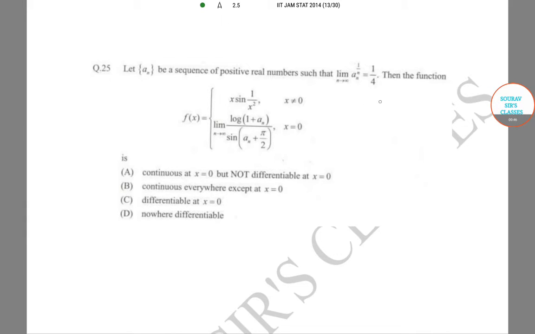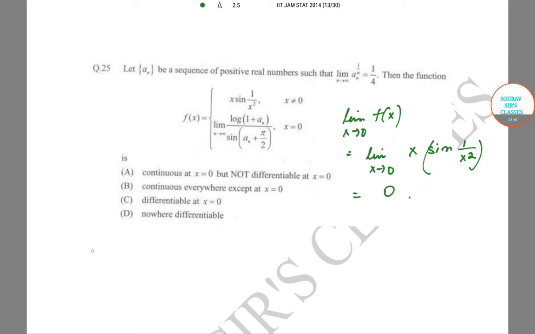Firstly, to check continuity, limit x goes to 0 f(x). So limit x goes to 0. What is f(x)? It is x sine 1 by x square. Now as x goes to 0, 1 by x goes to infinity, sine oscillates and x dominates the function, which is equal to 0.